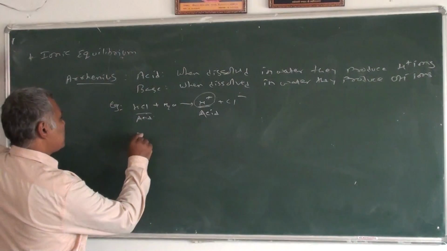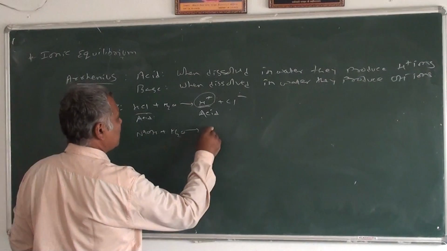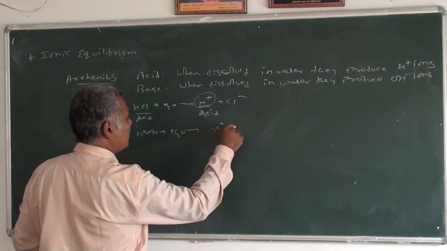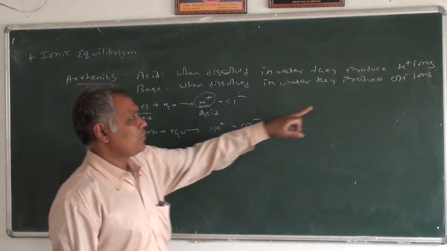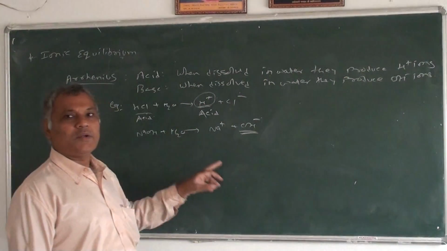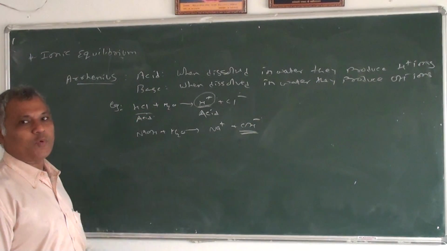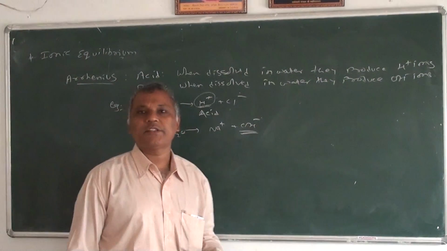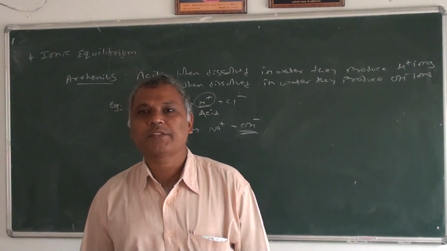You can say the same of NaOH. When it is dissolved in water, it produces Na plus and OH minus. As it produces OH minus, it's a base. So like that, a number of acids and bases go through ionization when they are dissolved in water. They will produce H plus and OH minus ions.